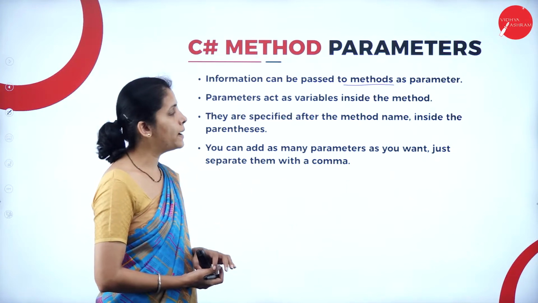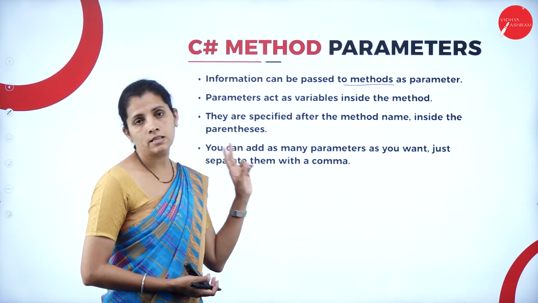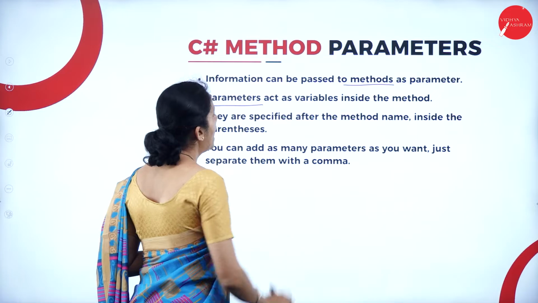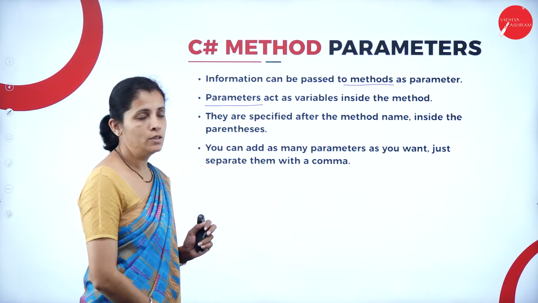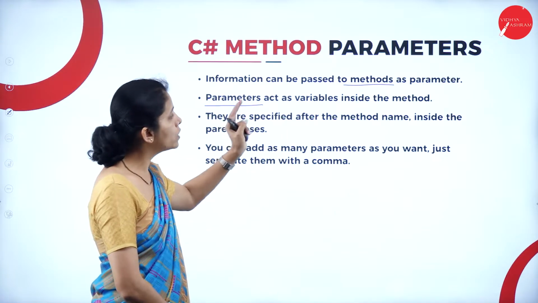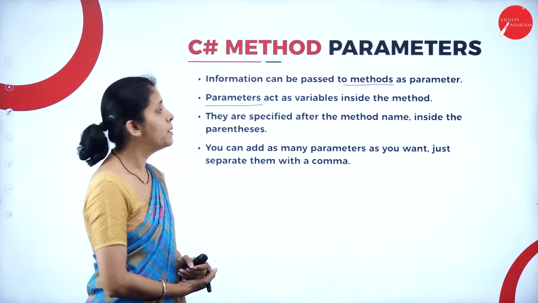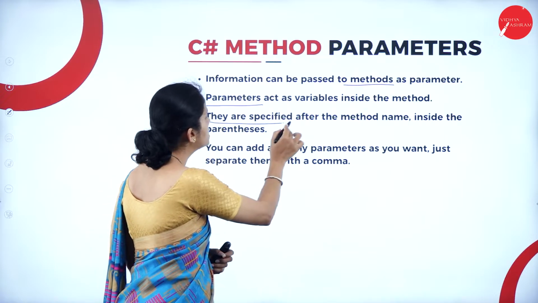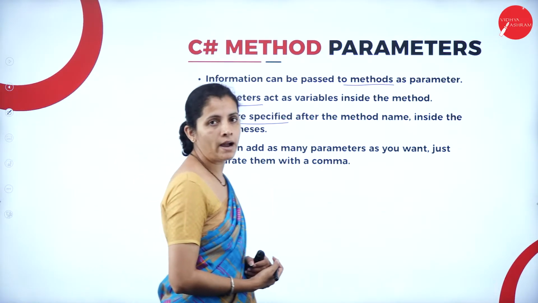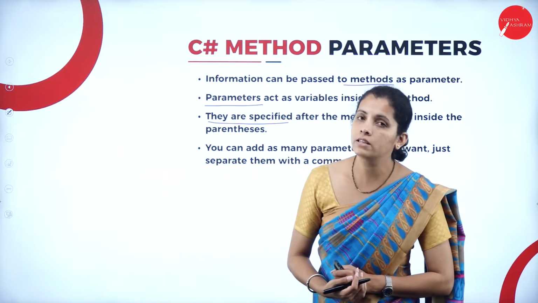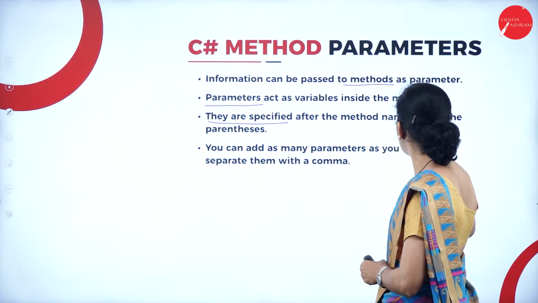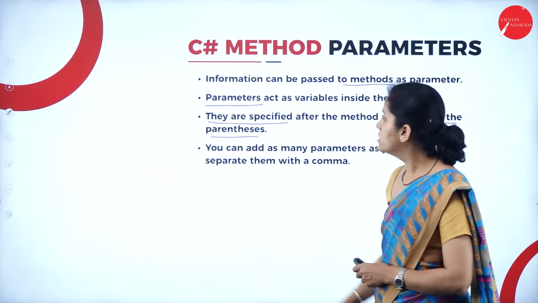So what is a parameter here? Parameters are nothing but the arguments. Parameters act as variables. They are the arguments or variables inside the method. They are specified after the method name, inside the parentheses.